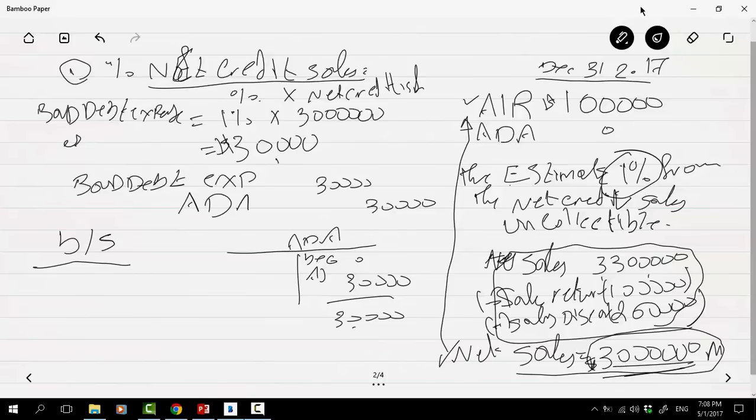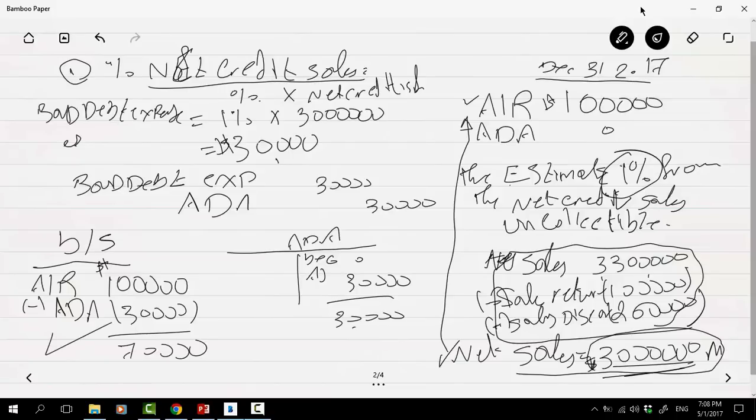Then when I write the accounts receivable in the current assets in the balance sheet, the accounts receivable $100,000, but I'm expecting not to collect $30,000 ADA, then I'm expecting to collect $70,000.